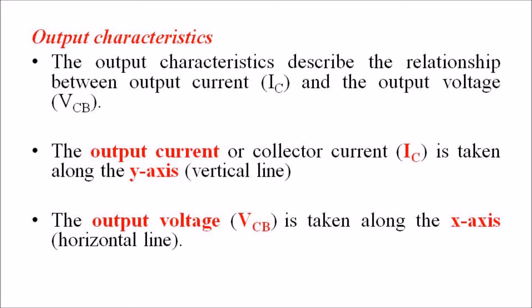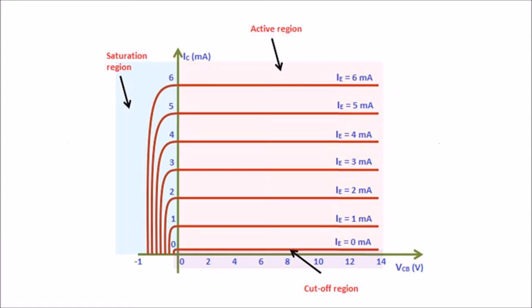To determine the output characteristic, the input current or emitter current IE is kept constant at 0 milliamperes and the output voltage, that is VCB, is increased from 0 volt to different voltage levels. For each voltage level of the output voltage VCB, the output current is recorded.